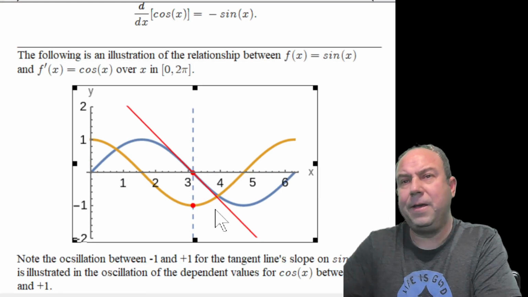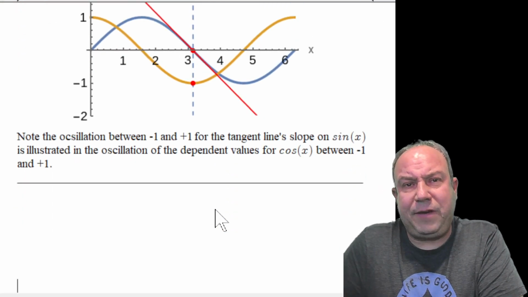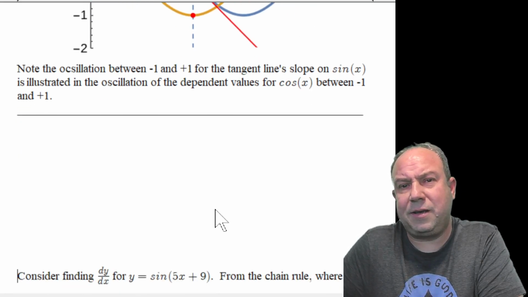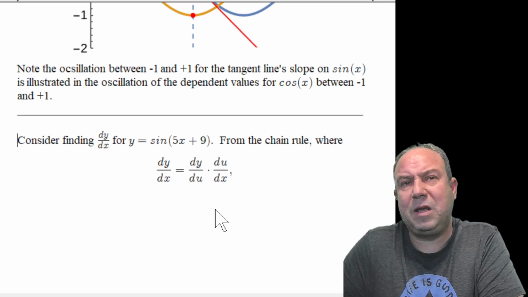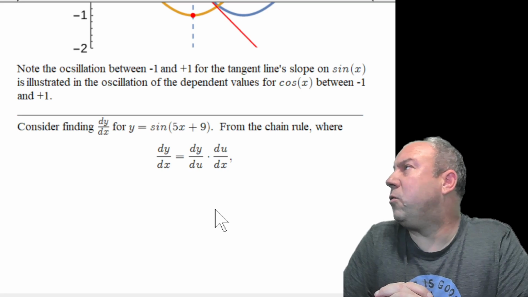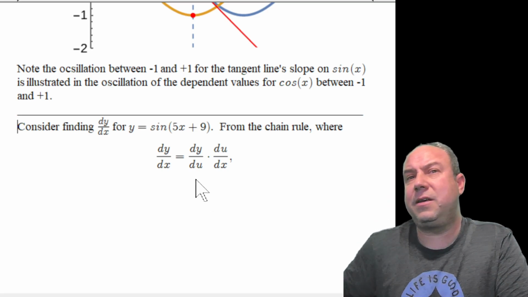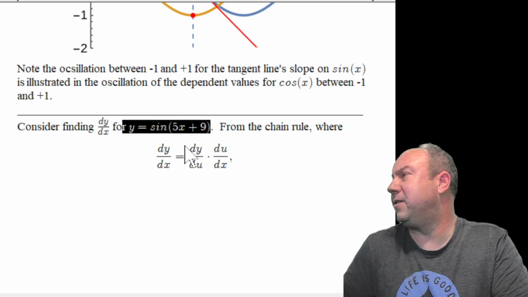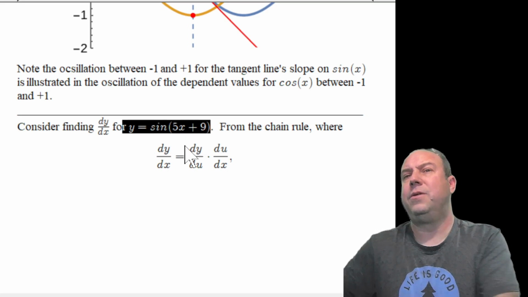All right. Now, and I think I finished with an example. Just to bring this into play, we might consider finding the derivative with respect to x for the argument y equals the sine of 5x plus 9. Right.